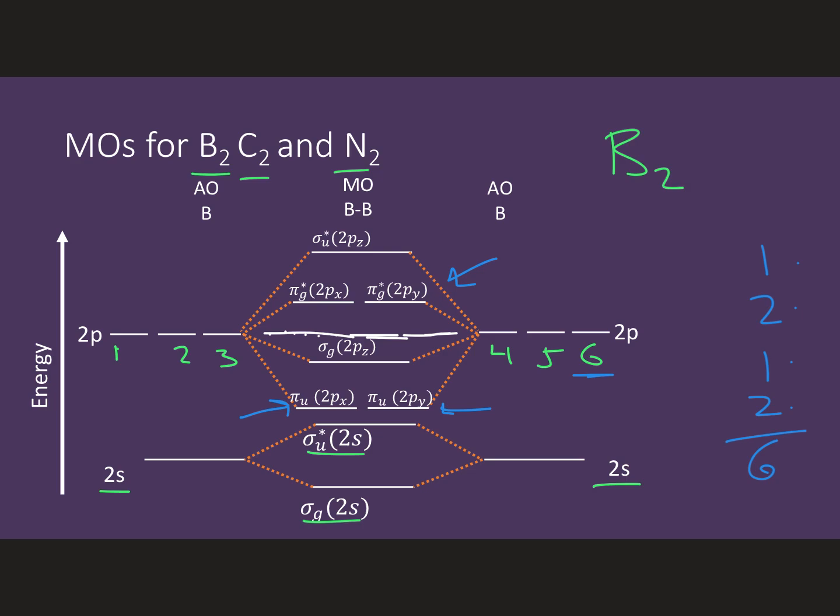Let's do this for actually boron. So we know that boron would have 2s electrons, and then it has 1 p electron. Doesn't really matter where I put it, so I'll just put it there. So now we can start putting these into our molecular orbitals. I would have 2 electrons here, 2 electrons in this orbital, and now we get up to a decision point, because remember, we've got 2 more electrons that we have to deal with.